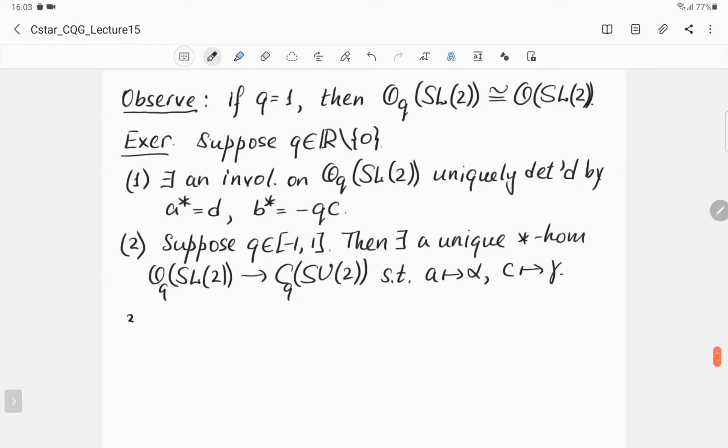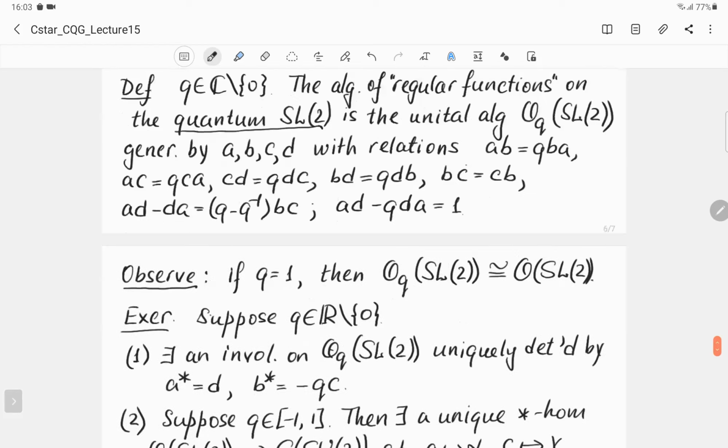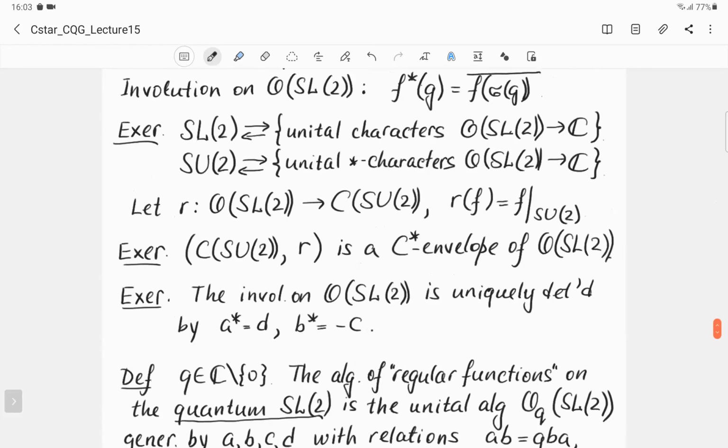And finally, the quantum SU2 group, together with this homomorphism R, is a C-star envelope of the algebra of regular functions on the quantum SL2. So this is an exact quantum analog of the above classical situation.